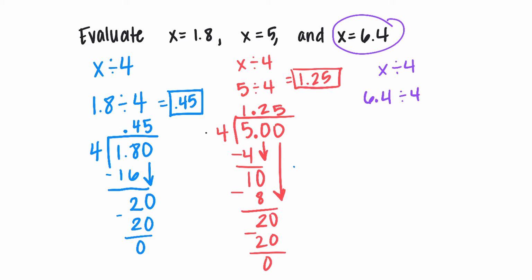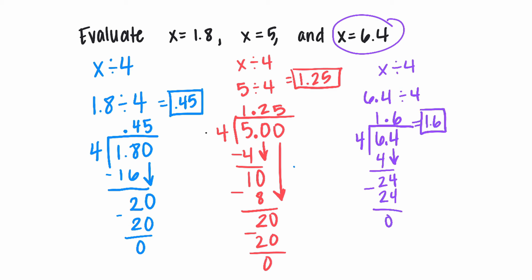Now when we read it to ourselves, we say 6.4 divided by 4. Place your decimal up at the top, just pop it right up into the quotient, and then pretend like it's not there. Can 4 go into 6? Yes, one time. Bring down your next value. 4 goes into 24 6 times. Evenly, so we're done, and this one becomes 1.6.